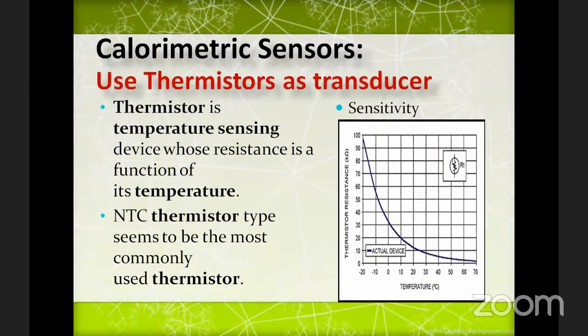The thermistor, being a negative temperature coefficient device, has a resistance variation that is very high compared to the input temperature variations, for around the range of 0 to 100 degrees Celsius of temperature variation. The variations in terms of resistance are in the order of many kilo ohms. So that makes the thermistor characteristics highly sensitive to even a minimal change in temperature.